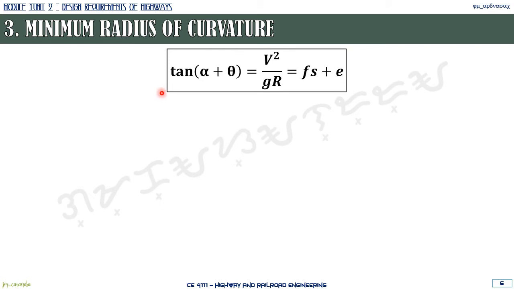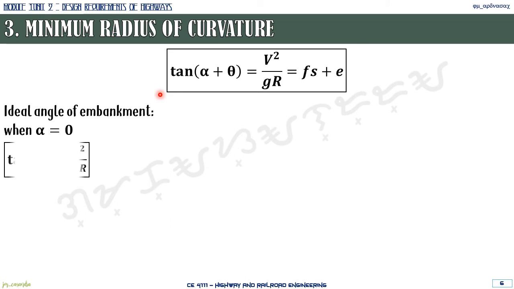Given now our derived equation, the ideal angle of embankment for any horizontal curve means we have an alpha, or angle of friction, equal to 0. Therefore, the ideal embankment is equal to the tangent of theta, where inclination is equal to V squared all over GR.